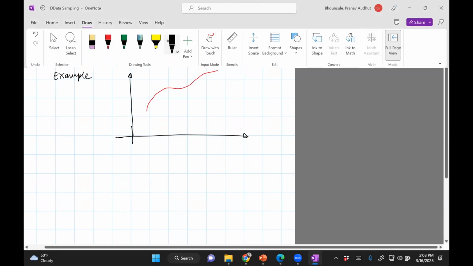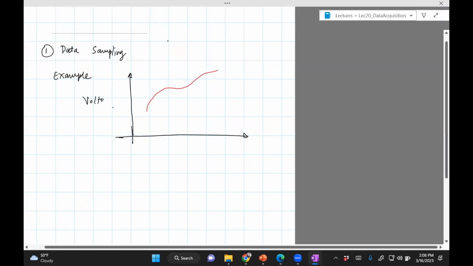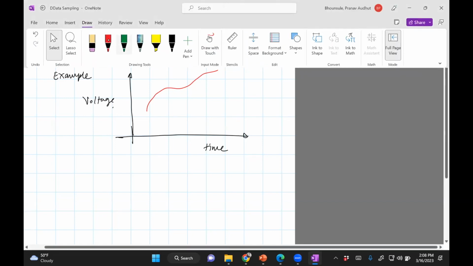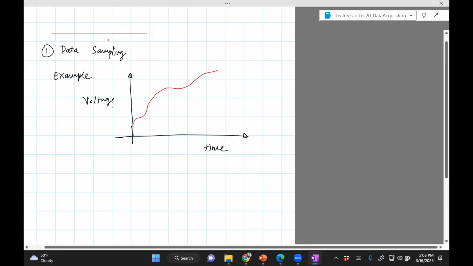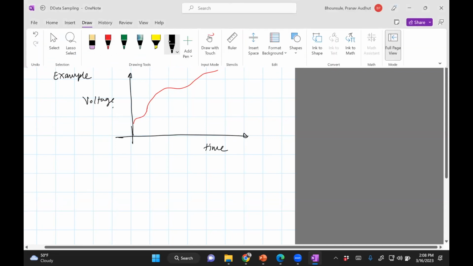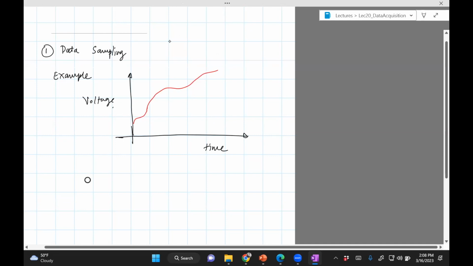Okay, so what's happening is there is a voltage and time, and I've shown this because I have access to the complete signal, which I saved, and then I plotted it. But how will a computer do that? Well, it will have to sample the signal. So on the x-axis is time, and by sampling, I need to set a frequency at which the computer can pull the particular pin on it so that it can take the information.